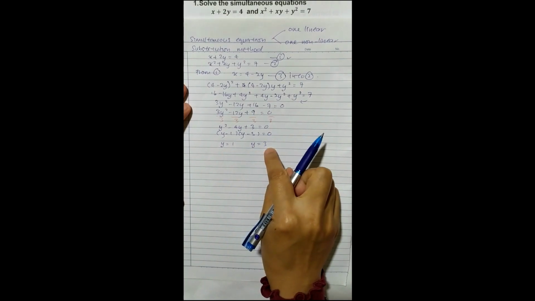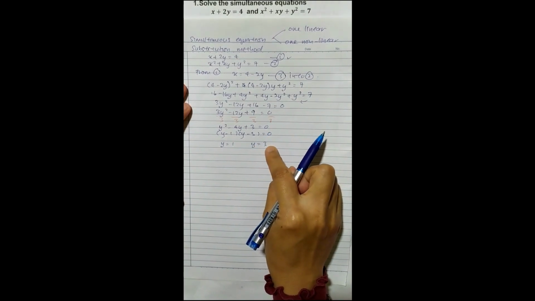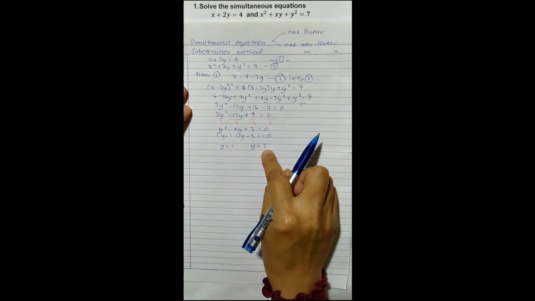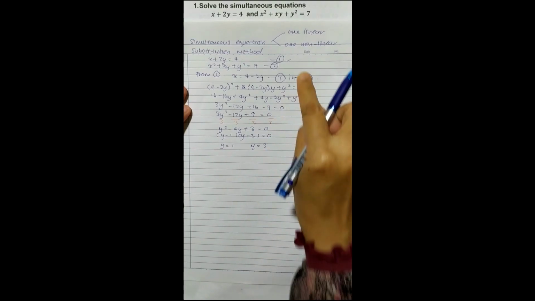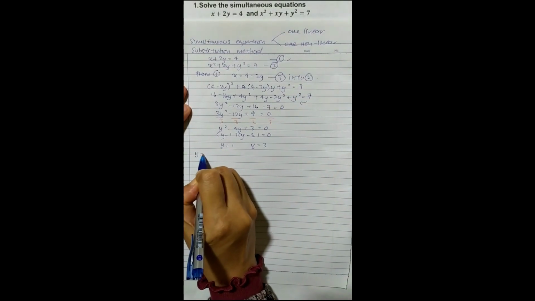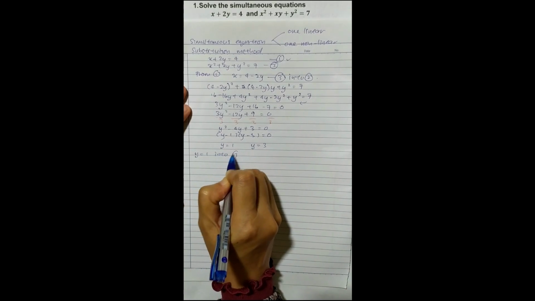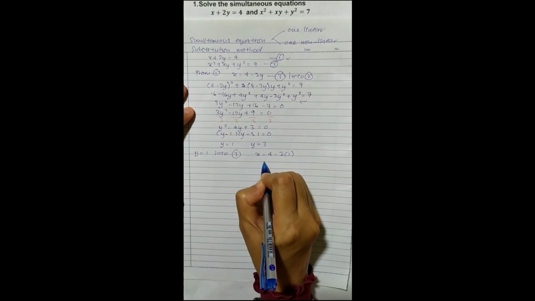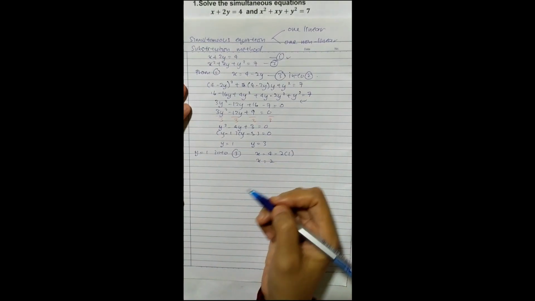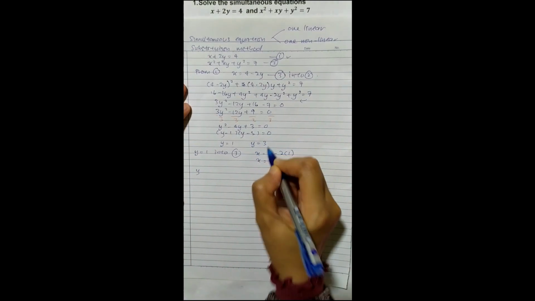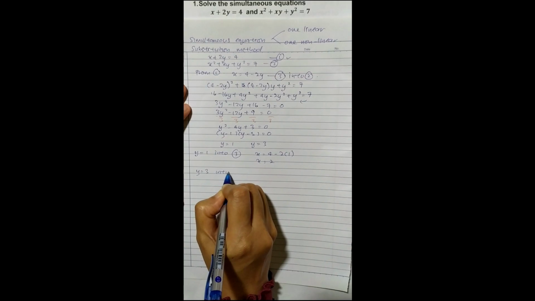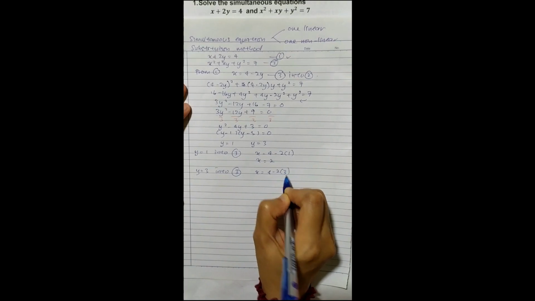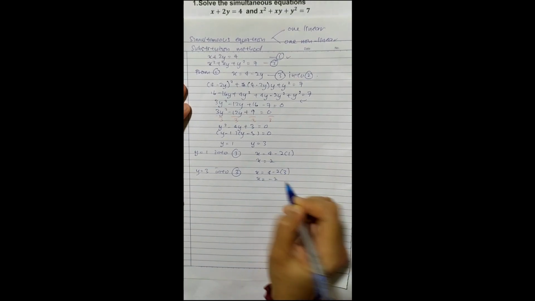So we have two values of y, and of course we are going to find two values of x. Then these values of y you substitute into equation 3. So y equals 1 into equation 3: x equals 4 minus 2 times 1, so x equals 2. Then y equals 3 into equation 3: x equals 4 minus 2 times 3, so x equals negative 2.